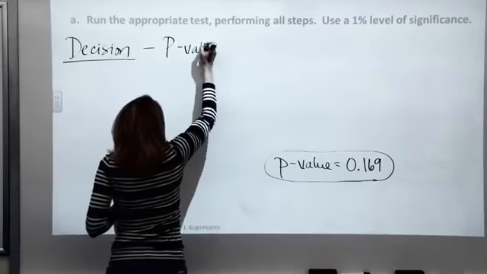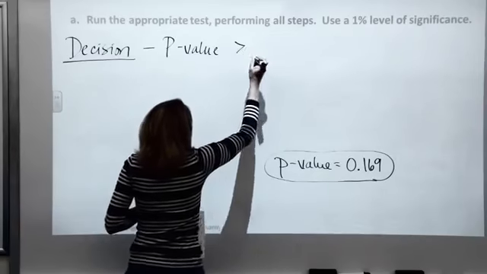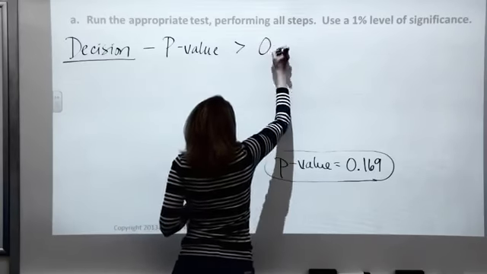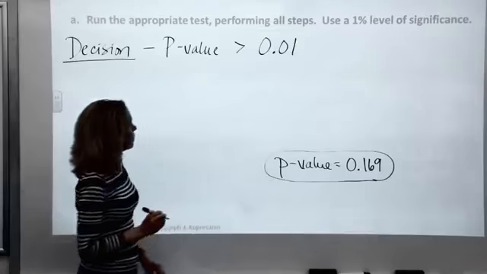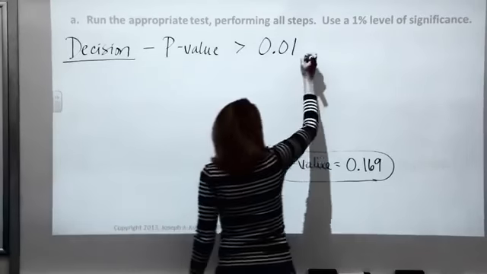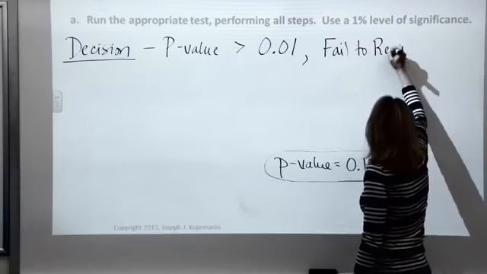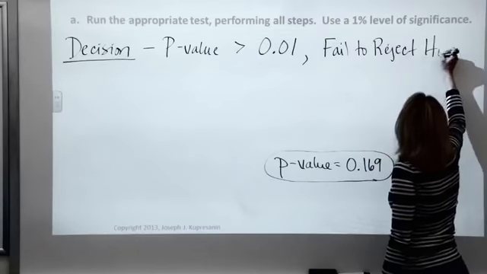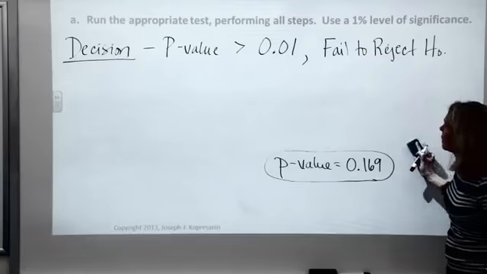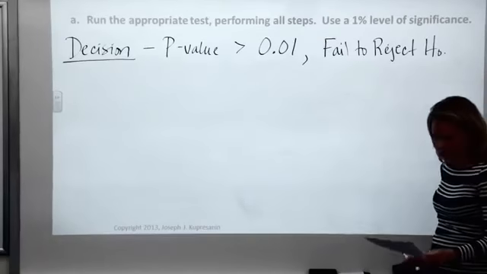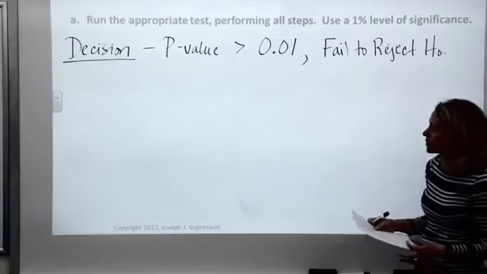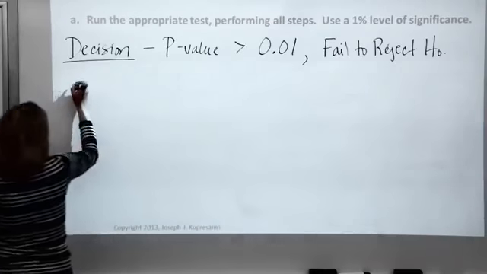The p-value is greater than that level of significance. And so we're going to fail to reject the null hypothesis. We did not find any evidence at all in favor of that alternative. And so we'll say something to that effect with our conclusion.